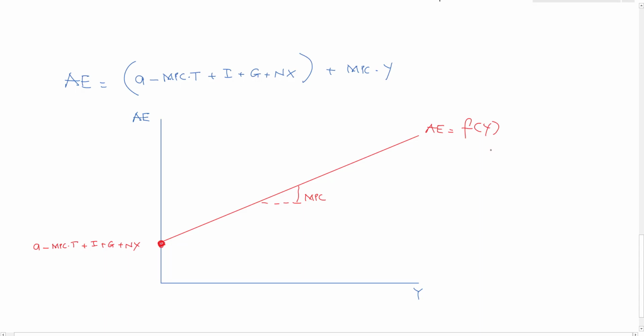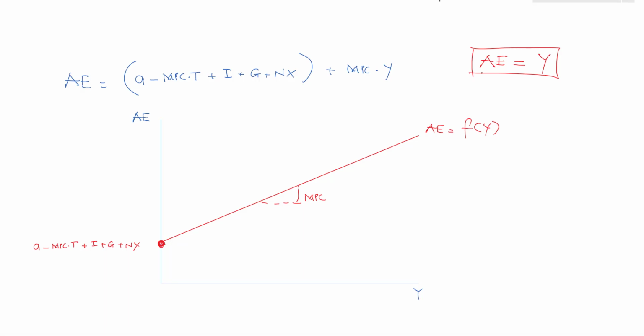Now what we're going to do next is remember that our economy is in equilibrium when the aggregate expenditure is equal to real income. This is the condition for equilibrium according to the Keynesian model.